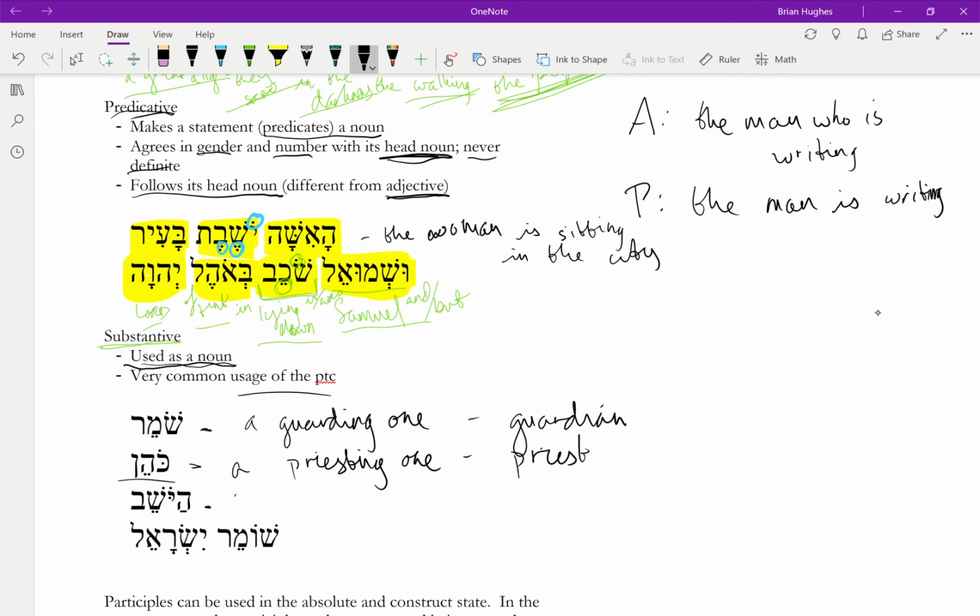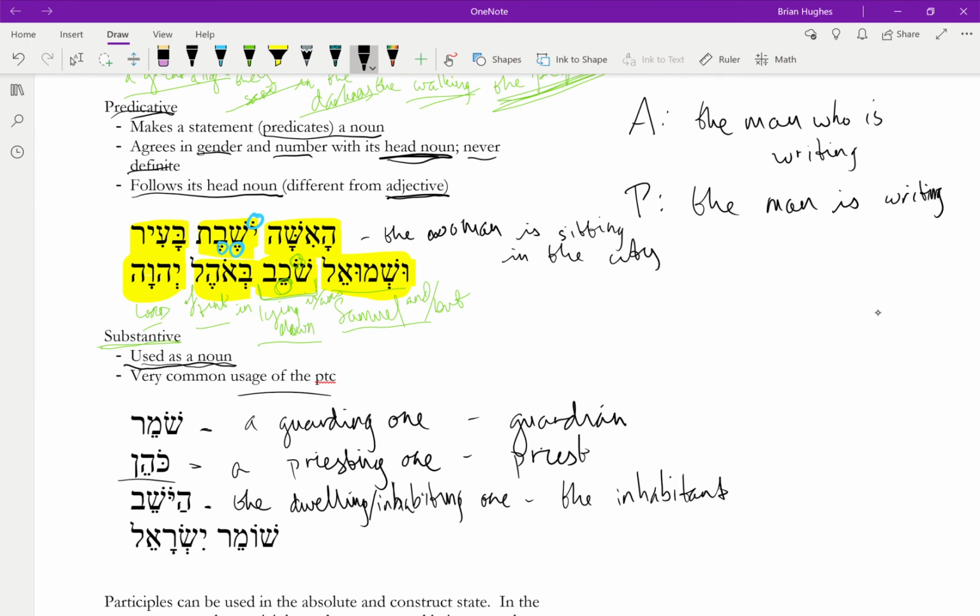Ha-yoshev, we have the dwelling or inhabiting one, or we might say the inhabitant. So this is how inhabitant, or a lot of times you're going to get the inhabitants of the city, and we're going to talk about how they can go in construct state in a few minutes.